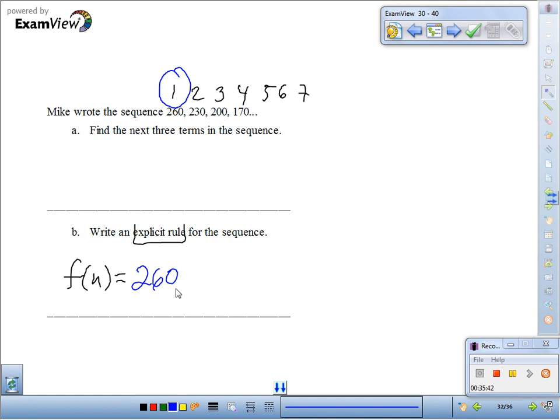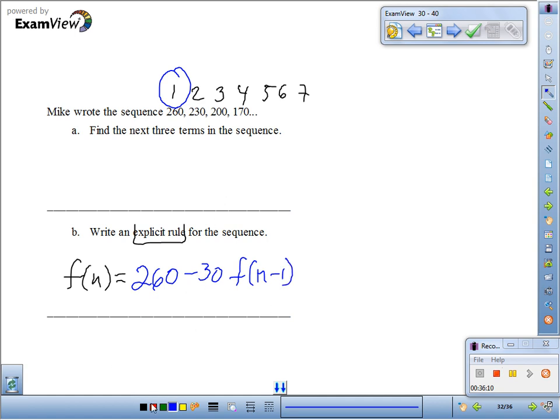That is correct. Minus 30, f of n minus 1.